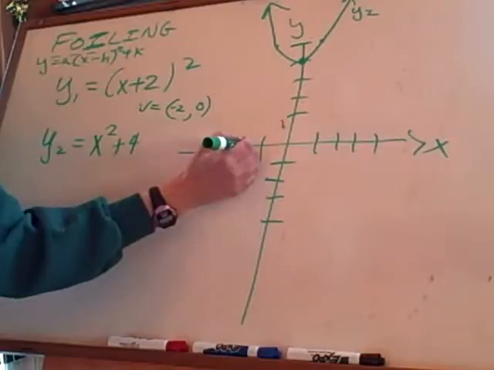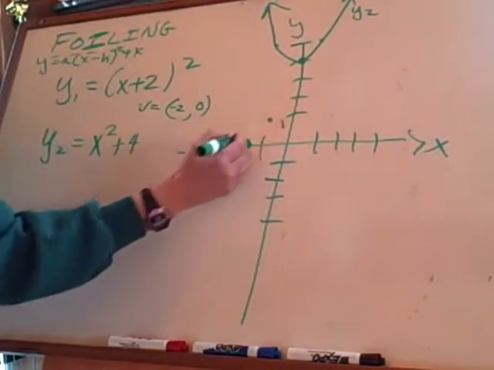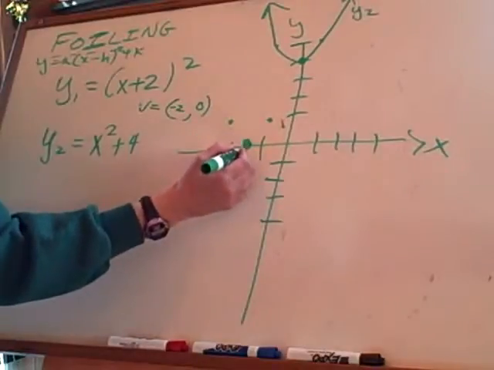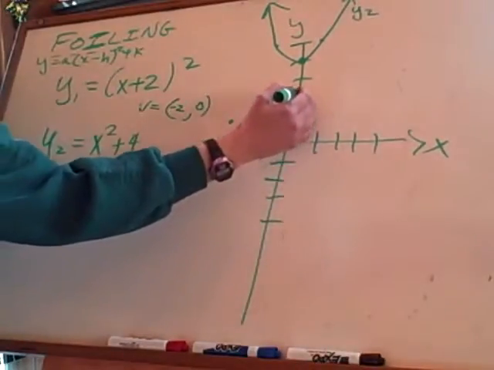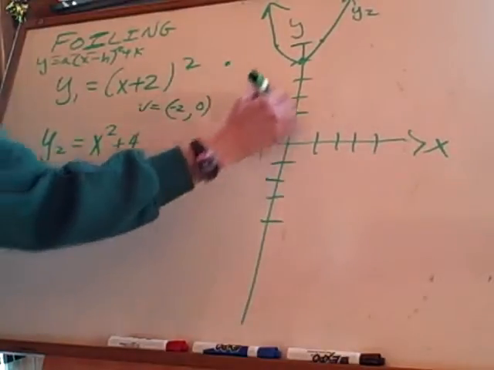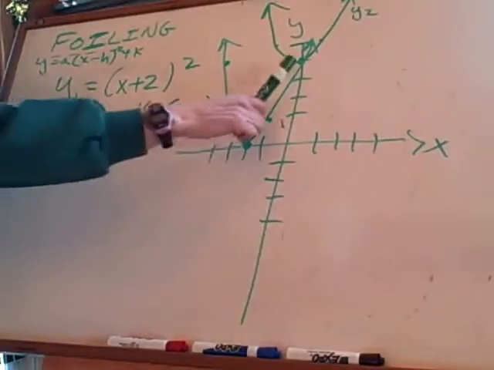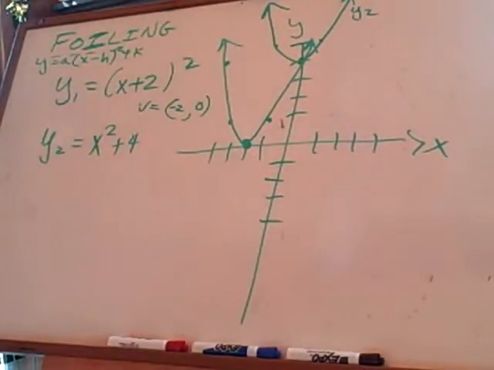You should be able to tell right then they're not the same thing. If I go over 1, up 1, it's going to be here. Back 1, up 1, it's going to be here. Over 2, up 4, back 2, up 4. So it's going to go kind of like that, though that looks more like an absolute value. Sorry, my curve's off. So they're not the same at all.